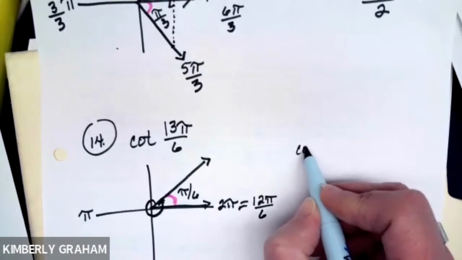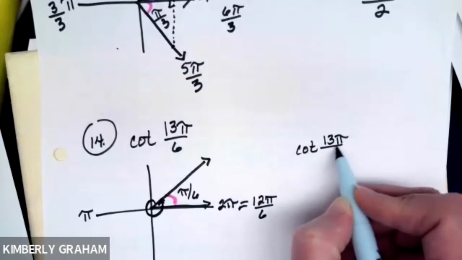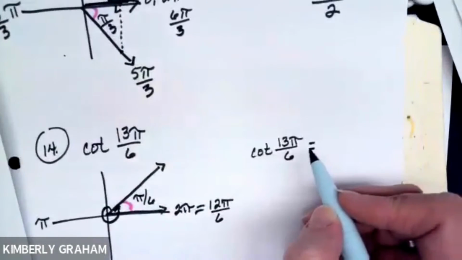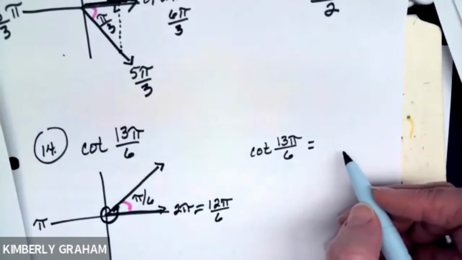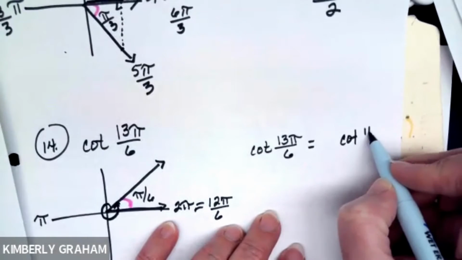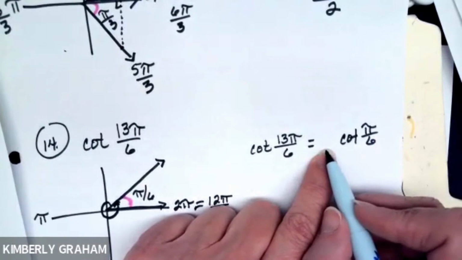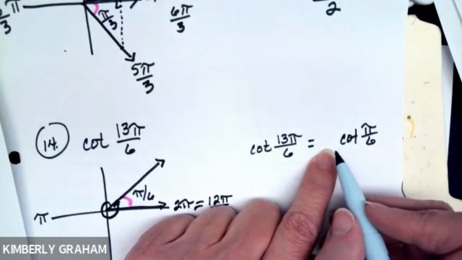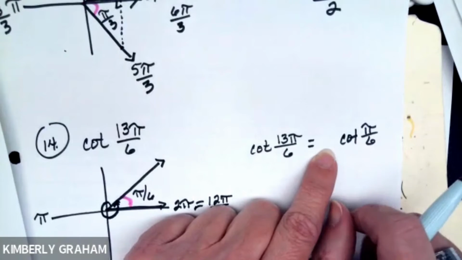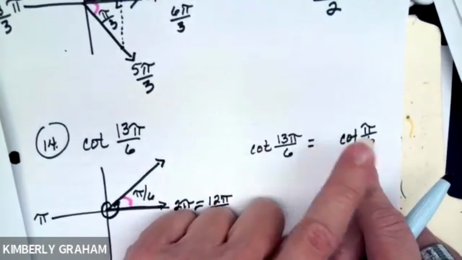The cotangent of 13 pi over 6 is either going to equal the cotangent of pi over 6, or it will be the opposite. Basically, what I'm asking is, are they going to be equal? Or do I need to stick a negative up here?